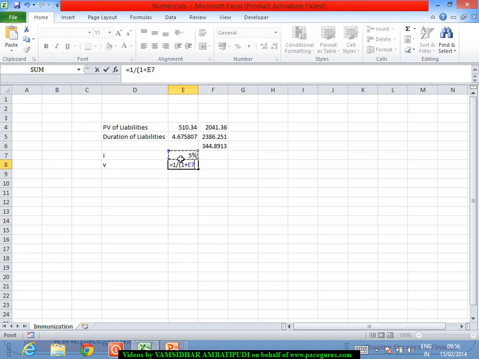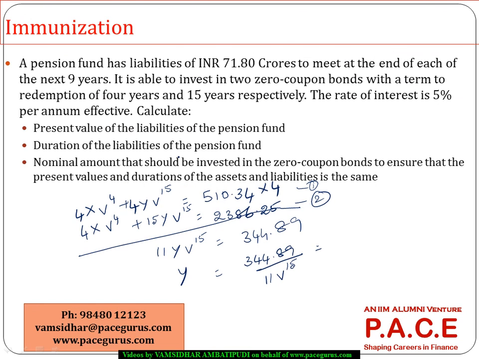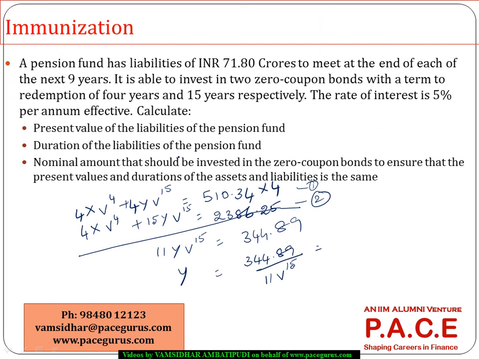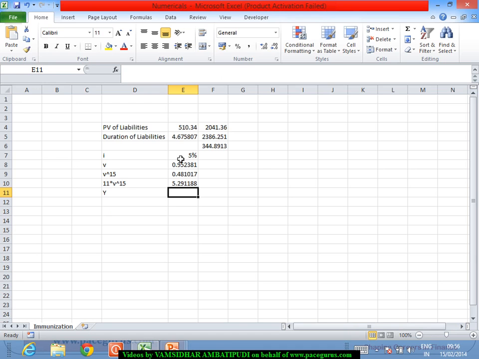So this is the value of v, and from here v to the power 15. So 11 into v^15 gives me 11 multiplied by this. So the value of y can be obtained from 344.89 divided by 11 v^15.